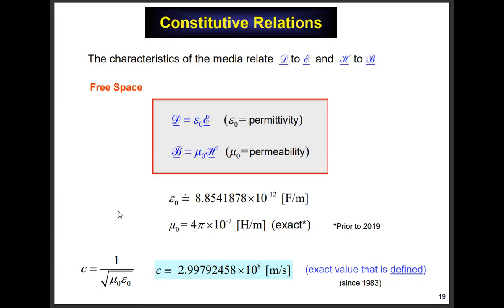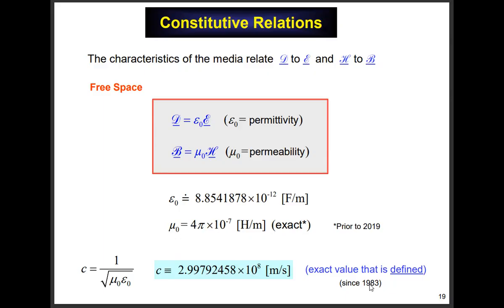Now, actually, it turns out that the speed of light is an exact number itself because it's a defined number. That happened a little bit longer ago, but still not too long ago. That happened in 1983. In 1983, the physicists got together and said, enough of this business of trying to build better devices to measure the speed of light more accurately.